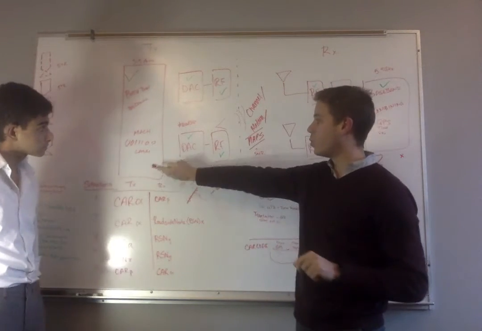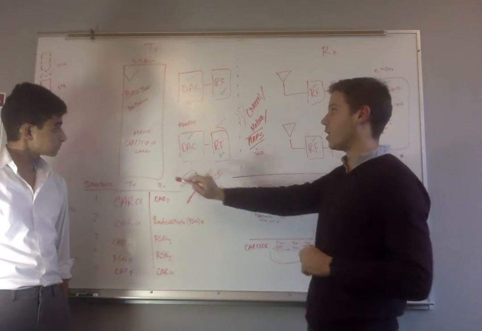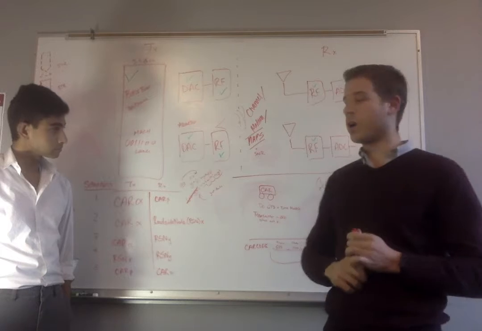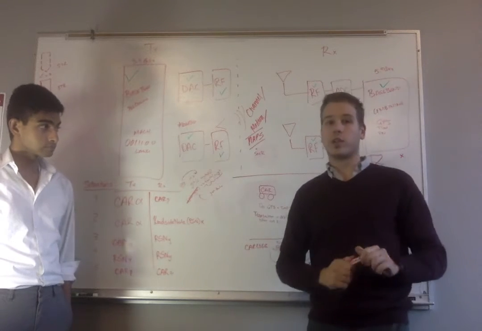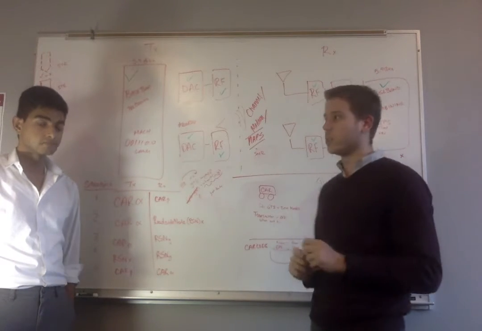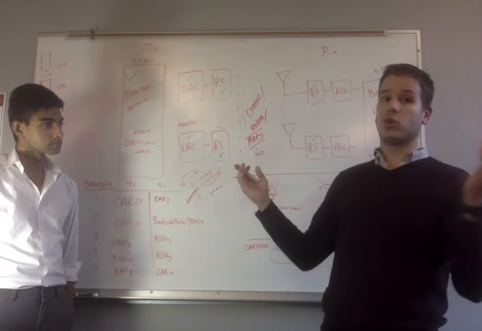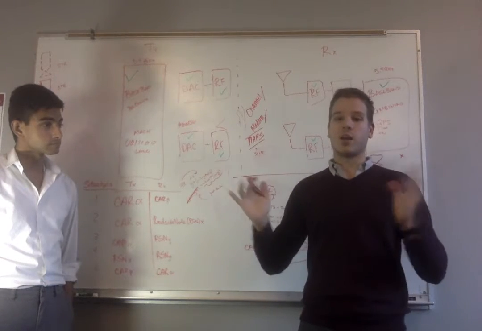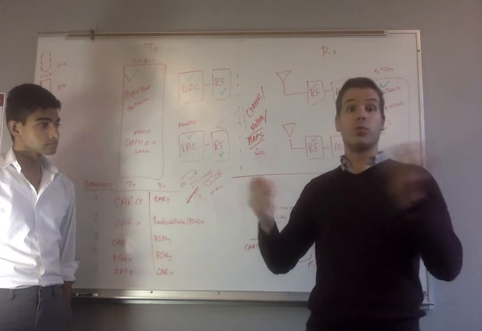After we get all of our binary data together, the next block in this process is called a DAC, or a digital to analog converter. Now that we have this digital string of data, we need to be able to send that analog through the real world.